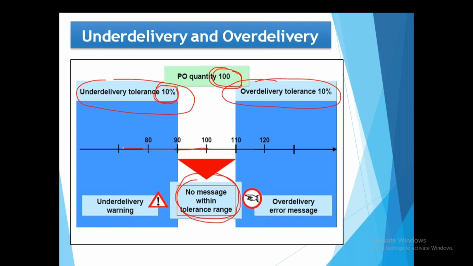Once your delivery is less than 90, the system will give you a warning message, meaning your vendor has delivered less quantity. Now let's say you have a PO of 100 and you maintain over delivery tolerance as 10%. Up to 110 delivery, the system will not give you any messages. But if more than 110 is delivered, the system will give you an error message. It will not allow you to make the GR.